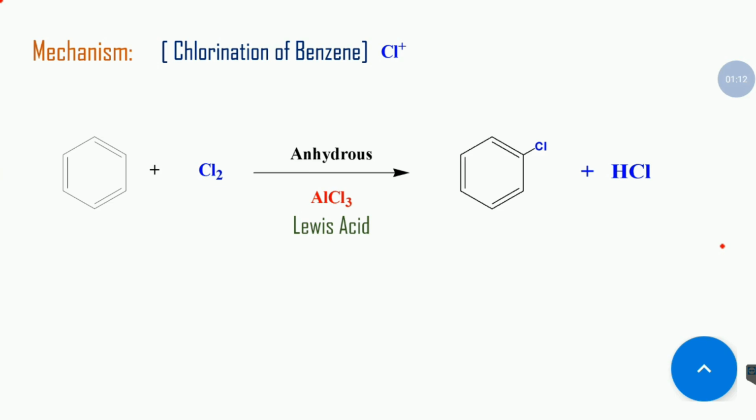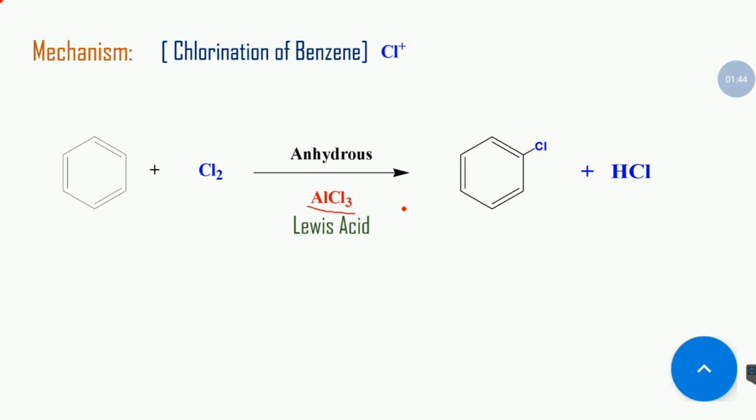So the first important point, number 1: we see that AlCl3, this one, is a Lewis acid and acts as a catalyst. But instead of this AlCl3, can any other Lewis acid be used as a catalyst for halogenation of benzene?